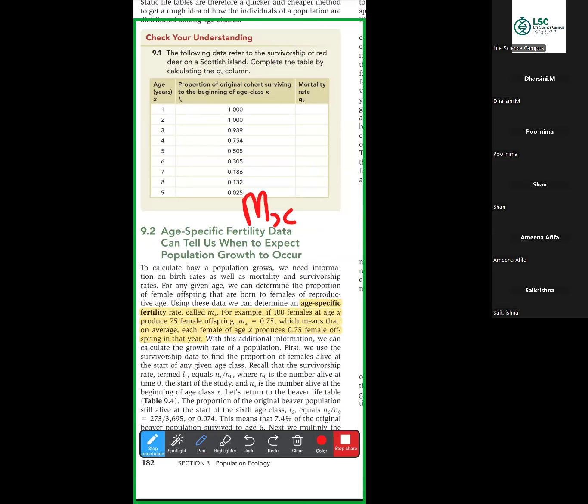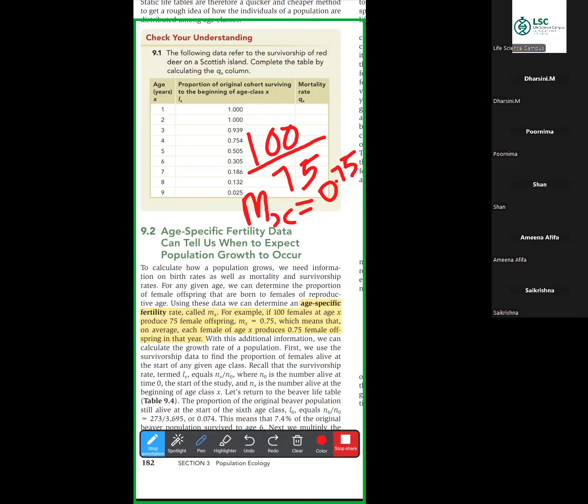So consider an example. There were 100 females at age x and they produce 75 female offsprings. So this mx is given by 75 divided by 100, that is 0.75. So it means that each female of age x produces 0.75 female offsprings.